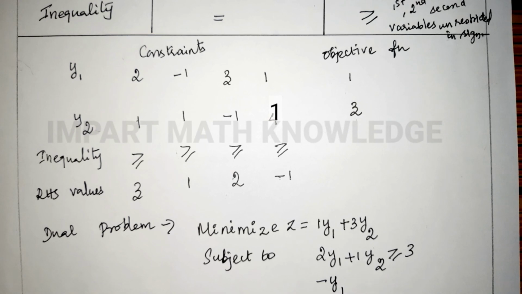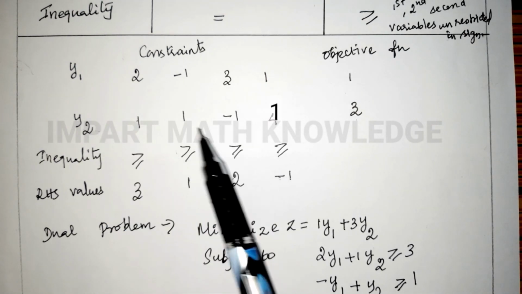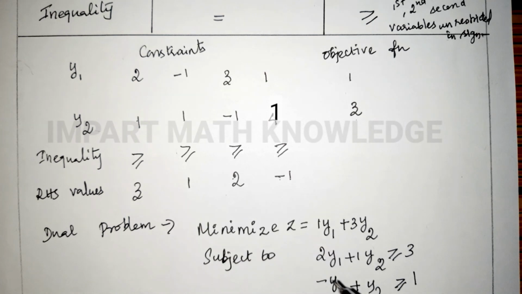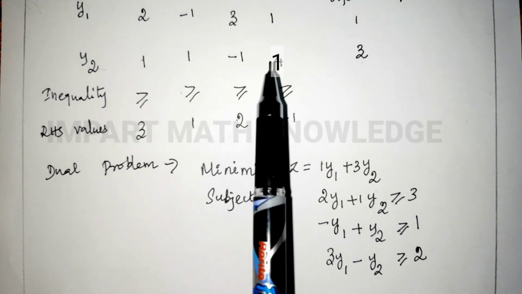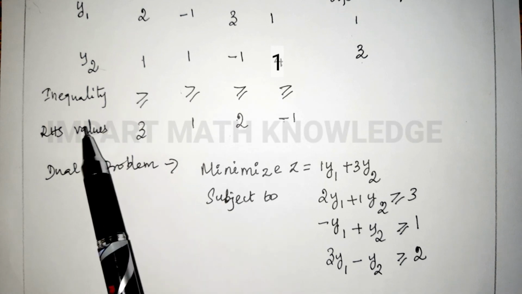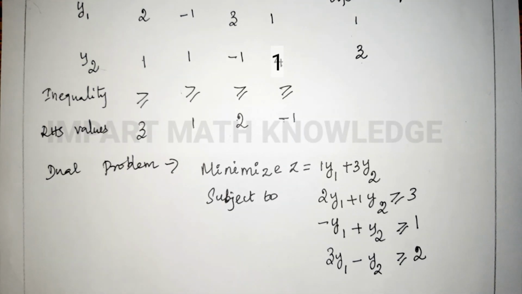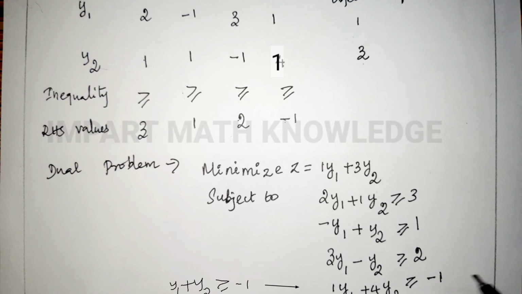Third condition is 3y1 minus y2 greater than or equal to 2. Fourth condition is 1 into y1 plus 4 into y2 greater than or equal to minus 1.